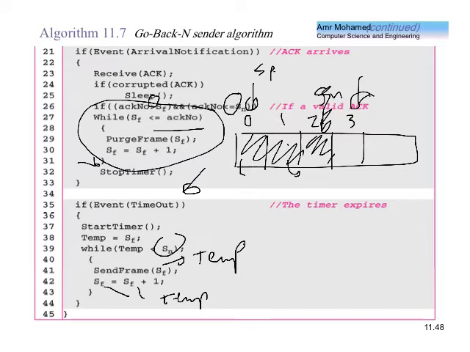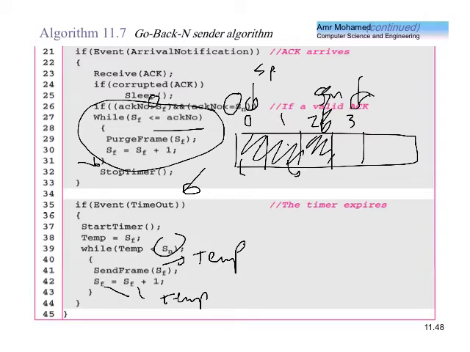Okay. So why is this temp and not SF? Because remember when the timeout happens, incrementing SF means what? You're sliding the window, right? Should I really slide the window? No, you should not slide the window because you did not receive any acknowledgement, right? So here, this is a typo, so that you should send the frame at temp and increment temp.